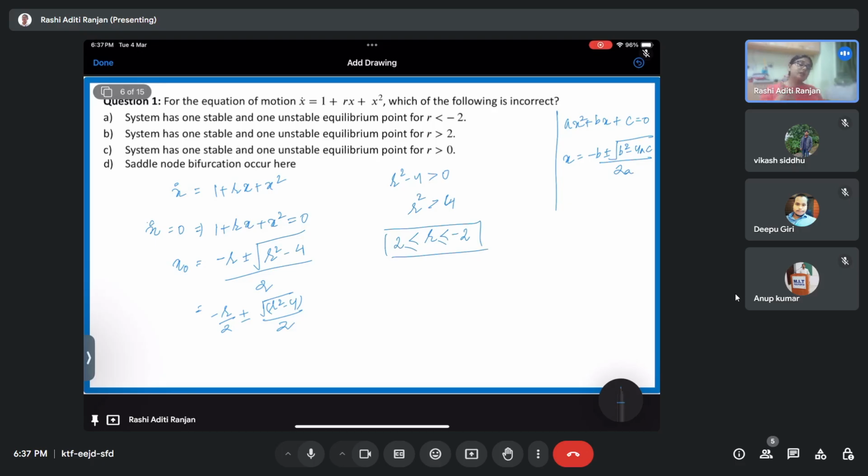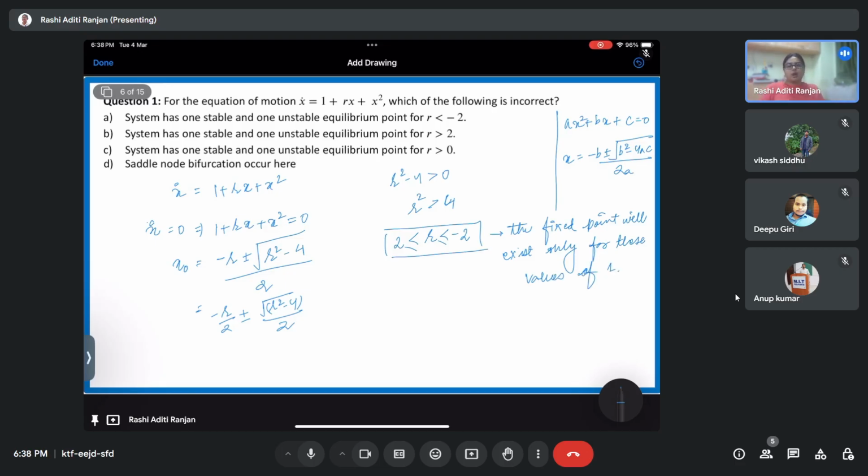But if it is in between minus 2 and 2, definitely the roots are not going to exist. So we'll write the fixed point exists only for these values of r. I hope this is clear.